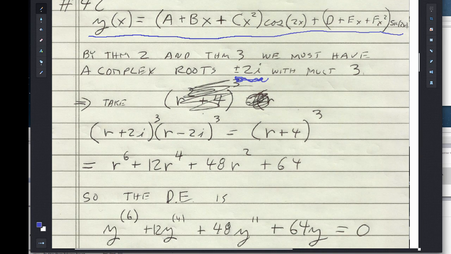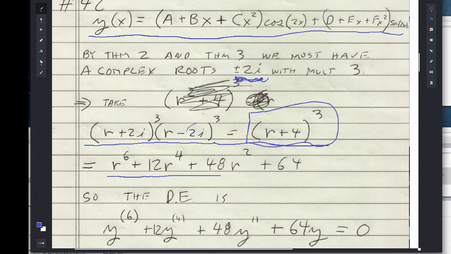So therefore, what that translates to is that this would be our characteristic polynomial, which is this right here. So expanding this using multiplication, we find that that is equal to this characteristic polynomial.